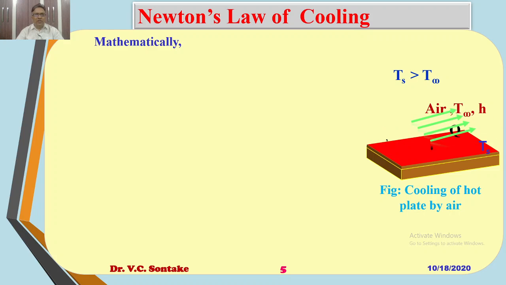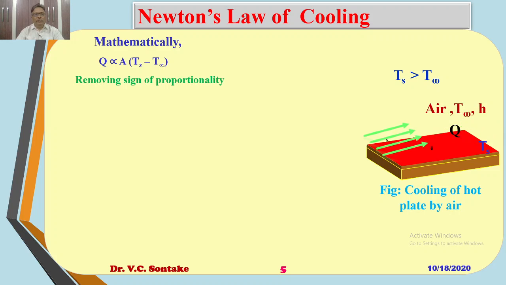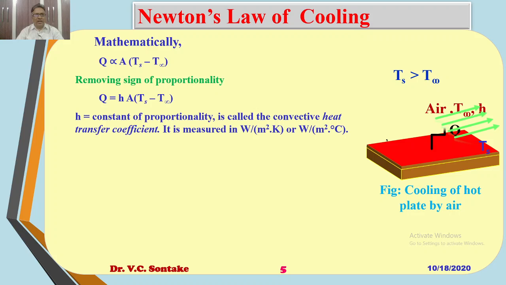Mathematically, what Newton found is that the rate of heat transfer by convection is directly proportional to the area A and the temperature difference between the surface and the fluid. On removing the sign of proportionality, this equation reduces to Q equals h A (Ts minus T infinity), where h is the constant of proportionality and is called the convective heat transfer coefficient.